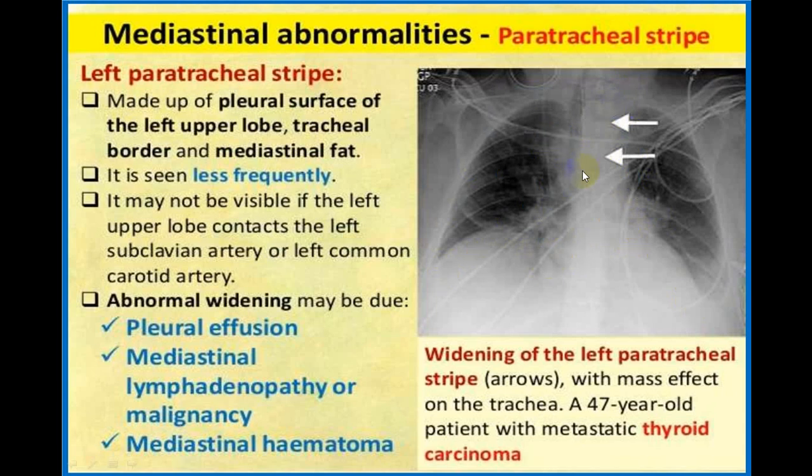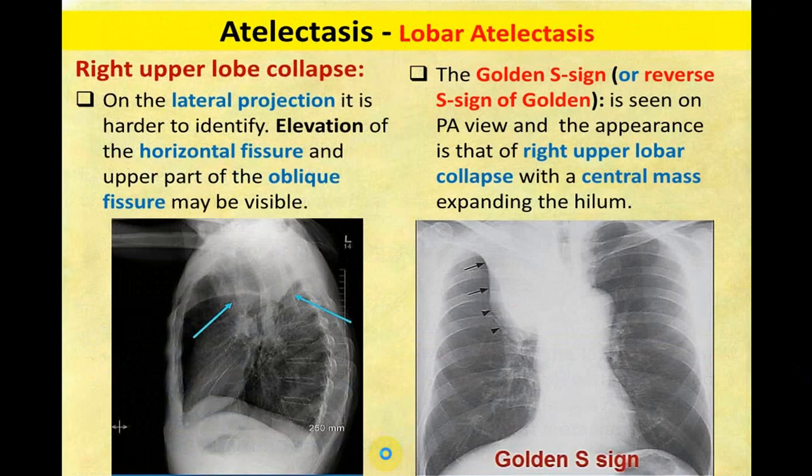So this is a paratracheal mass on the left side, and that is thyroid carcinoma. On the left side you can get pleural effusion, mediastinal lymphadenopathy, mediastinal hematomas, thymomas, thyroid gland, etc. All those structures can produce that particular thing.